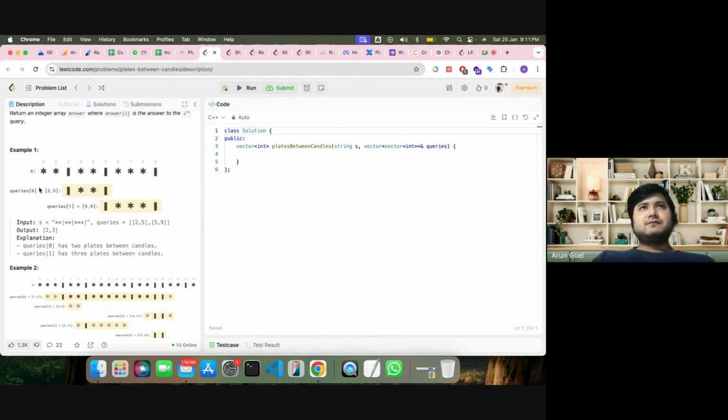We would be able to, right? Let us say we have 5 plates here. We need to find the leftmost plate and the rightmost plate, right?